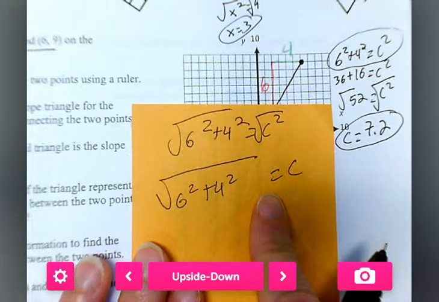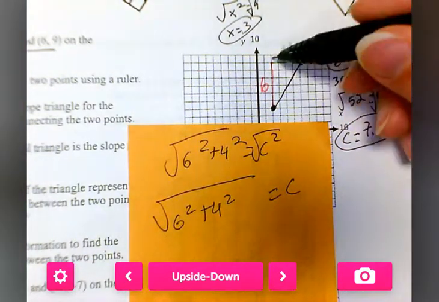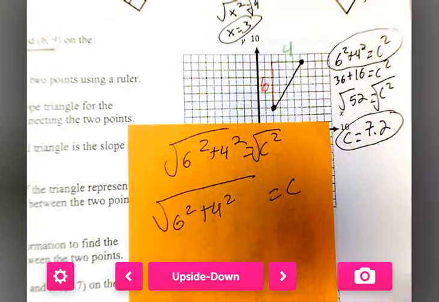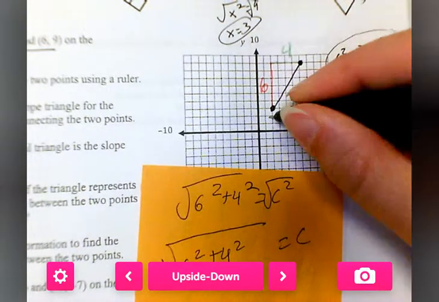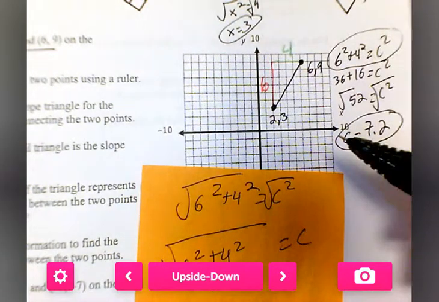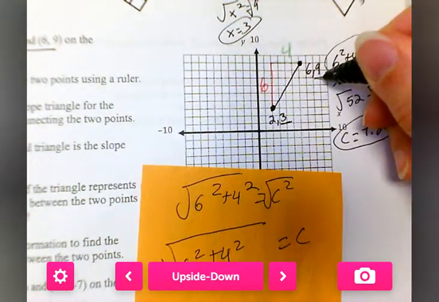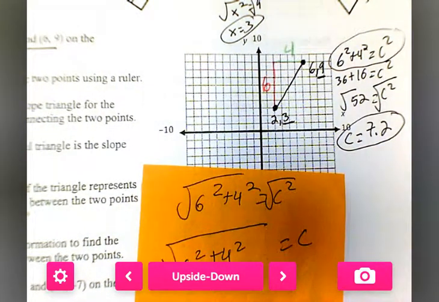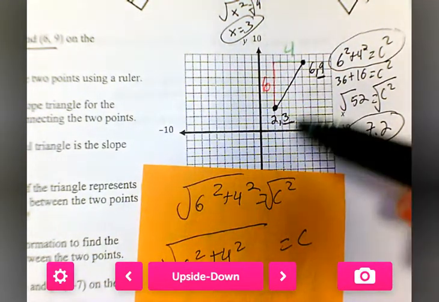Okay? Now, I found out this was 6. And if I'm not counting it, if I just know that this is 2, 3, and this is 6, 9. So if I just look at my y values, how do I find out that that is 6? What am I going to do? I've got 9 and 3. How do I get 6 from 9 and 3?